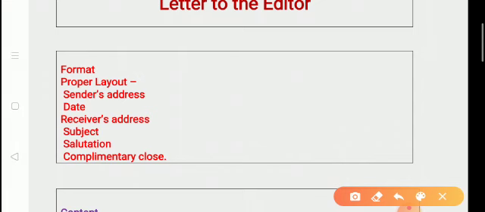What is the format of a formal letter? We start with the sender's address, meaning our address, then the date, then the receiver's address, followed by the subject, then the salutation, and then the complimentary close.